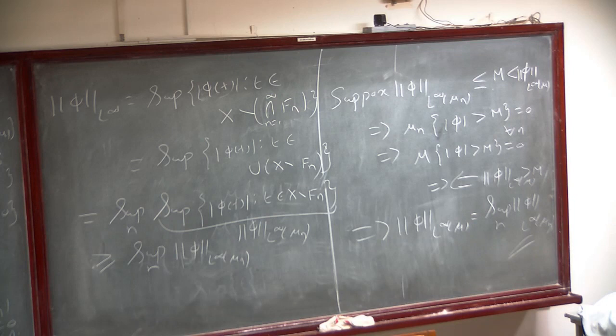So this is mu n. Then delta. This is less than delta.